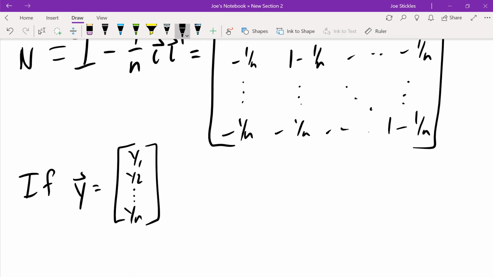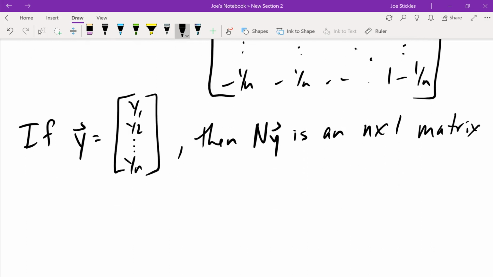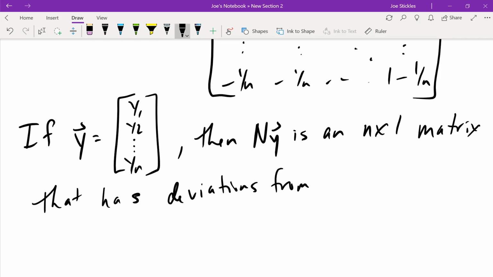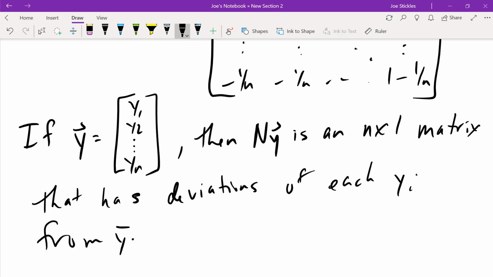If those are our actual observed y values, then n times y is an n by 1 matrix that has the deviations of each data point from the mean, just by the way it was computed.